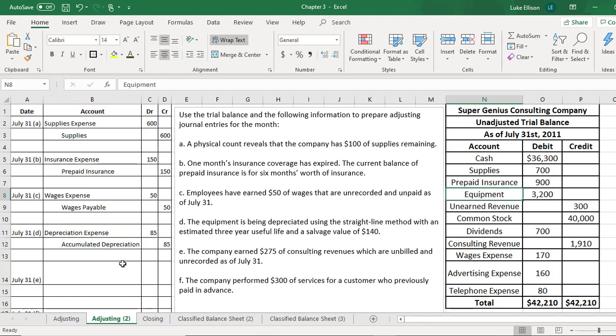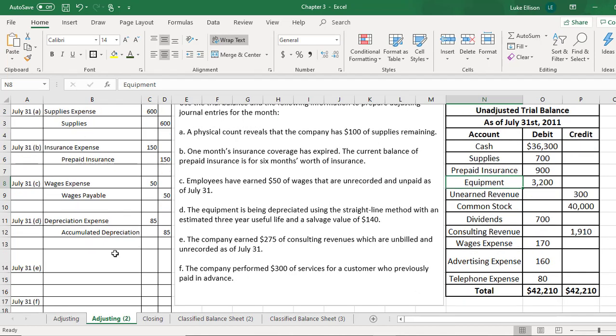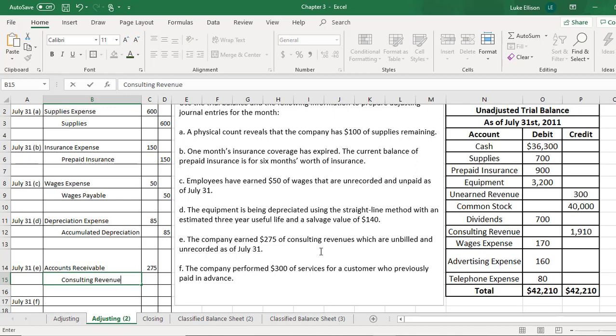Okay, Part E says the company earned $275 of consulting revenues, which are unbilled and unrecorded as of July 31st. So since this company owes us $275, that's going to be an accounts receivable for us. And since we provided these consulting services, that's going to be a consulting revenue for us.